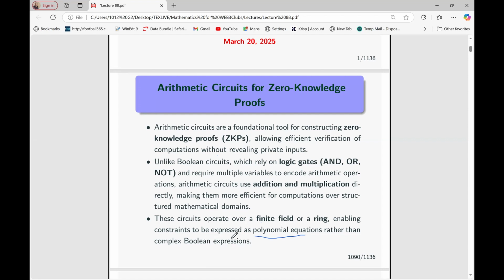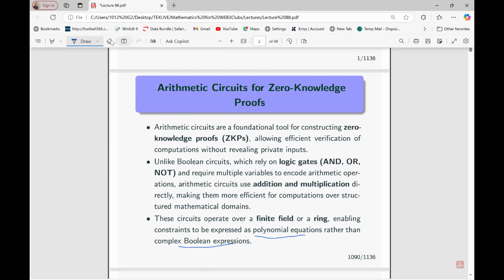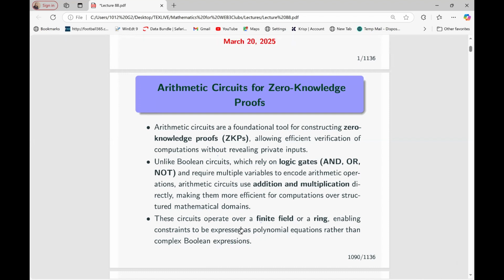And this is an advantage that I already mentioned, that we will not be talking about Boolean expressions this time, which would want us to convert everything to binary. We'll just be dealing with the polynomials this time around. And we had already looked at how to do operations with the polynomials, so we are very comfortable with that.